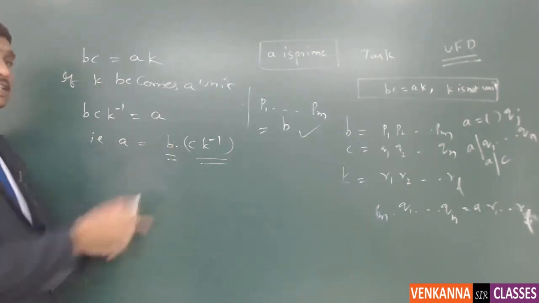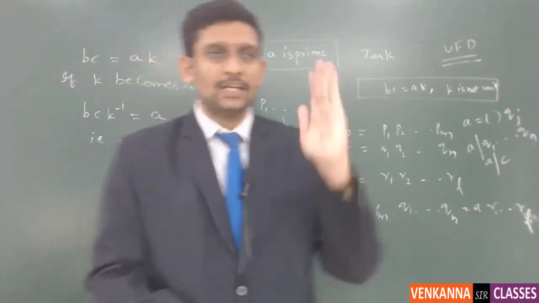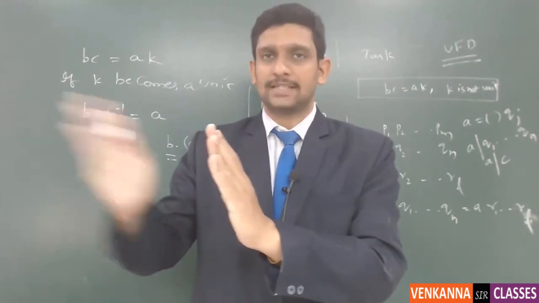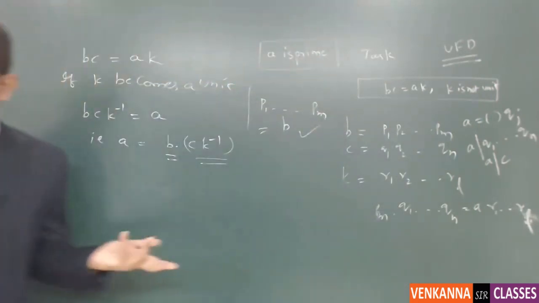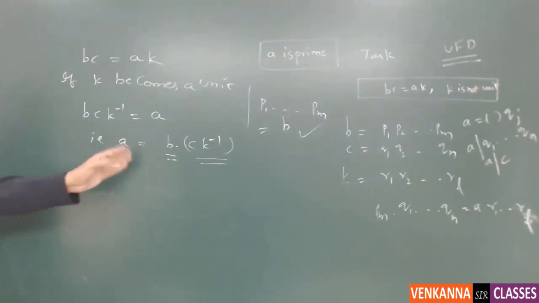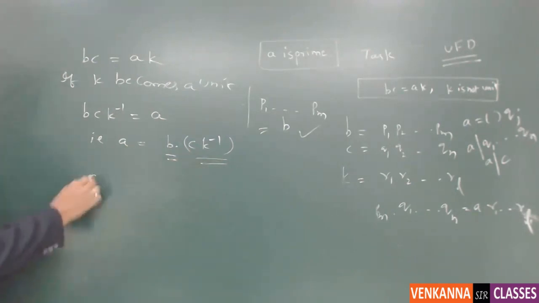Since B is not a unit, because I have taken three cases: B is unit, C is unit, B, C both are not units. Right? Are you clear? Since B is not a unit, the only possibility is this thing must be a unit.